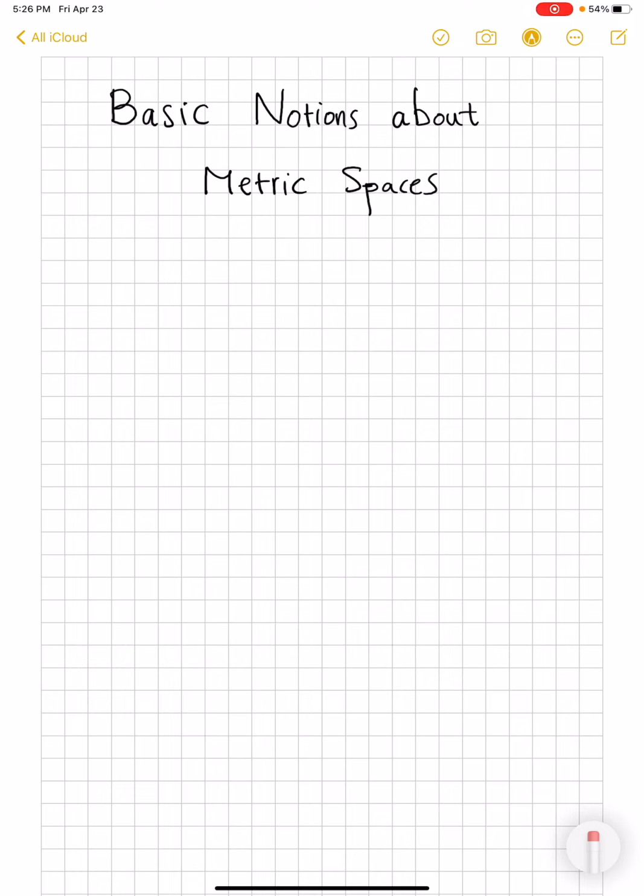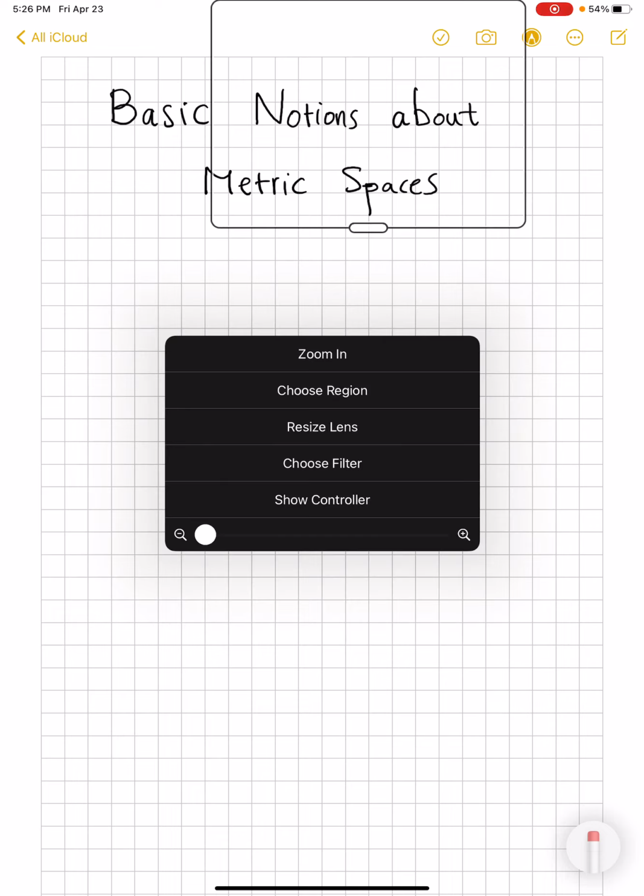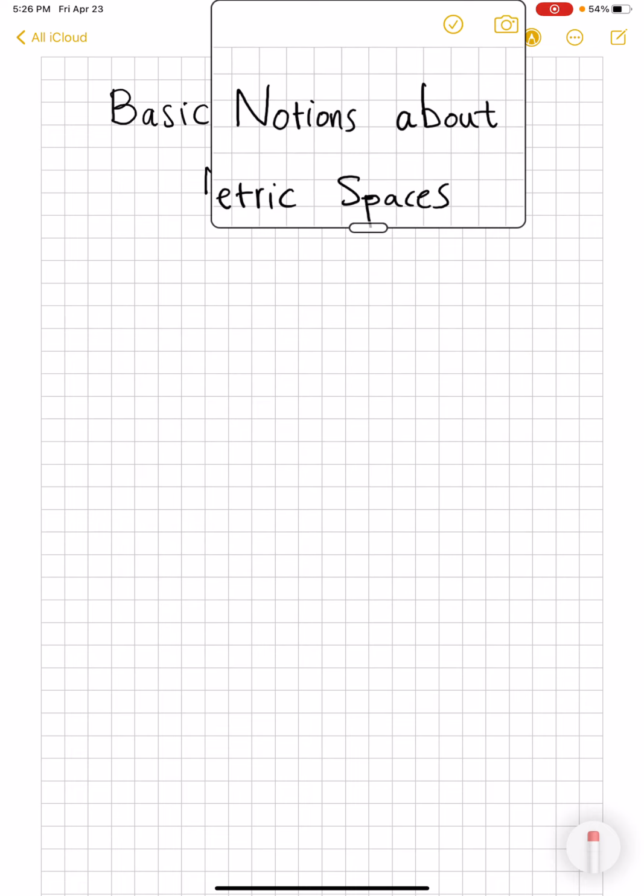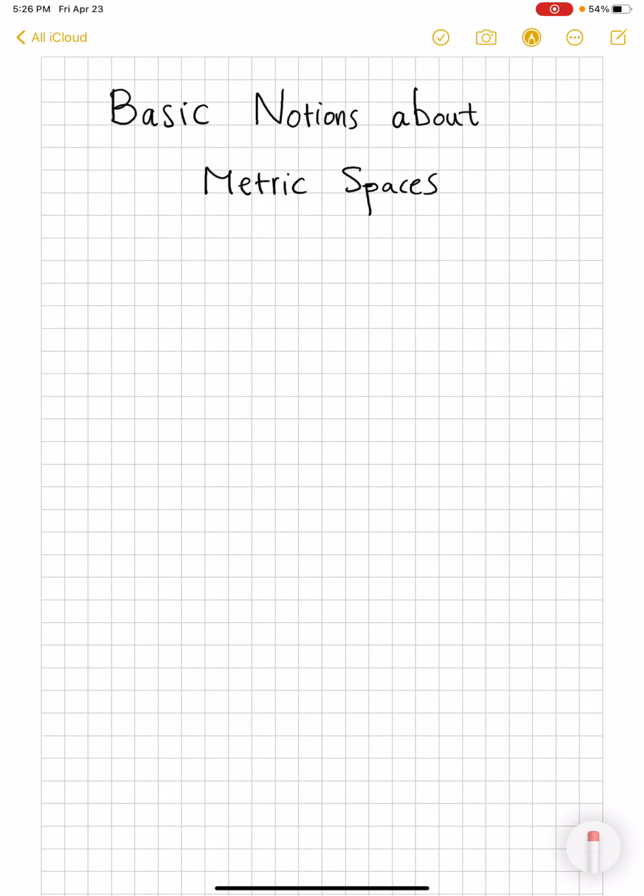The first thing from a categorical point of view would be to say when two spaces are exactly the same structurally. And the answer is what we call an isometry, which, as its name suggests, is a map between the two spaces which preserves the distances.